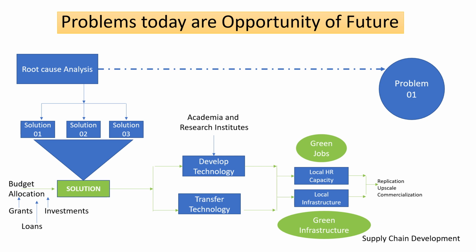Outreach will be increased, and it will create more green jobs for the future. So you now have local human resource available, local infrastructure available, and the supply chain is also developed, and you are replicating and upscaling maybe to different sectors, to different domains as well.